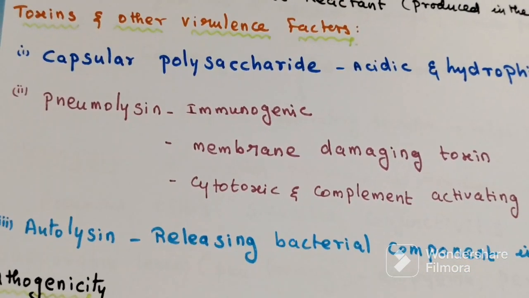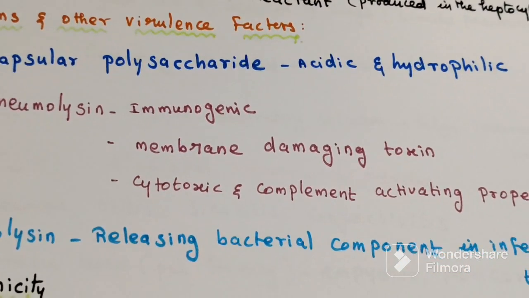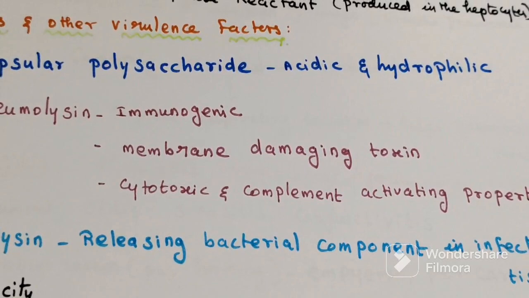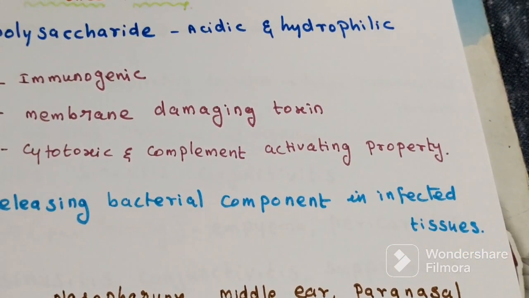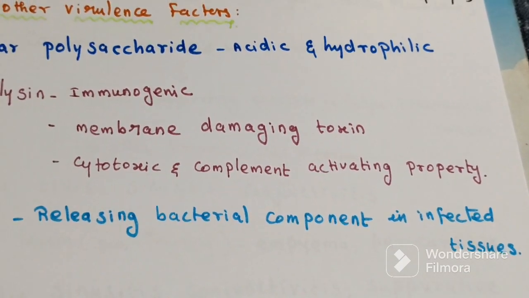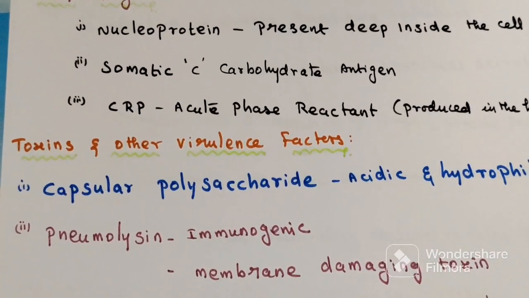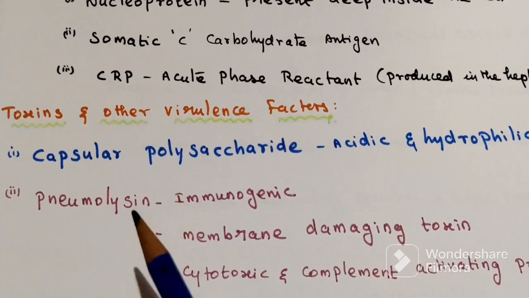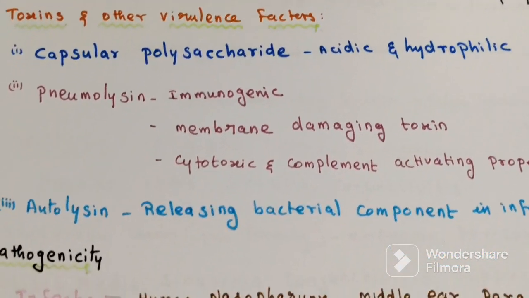Third one is autolysin. This is virulent by releasing bacterial components in the infected tissue. So these are the virulence factors: capsular polysaccharide, pneumolysin and autolysin.